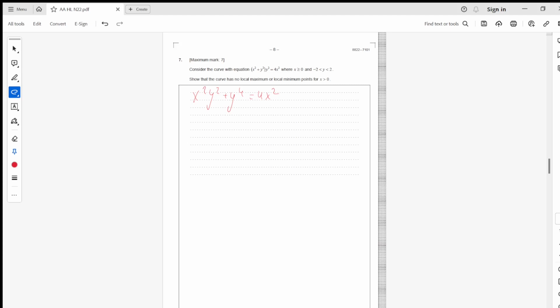We will use implicit differentiation, and in the case of x squared y squared, we will use the product rule. And this simply applies the power rule.